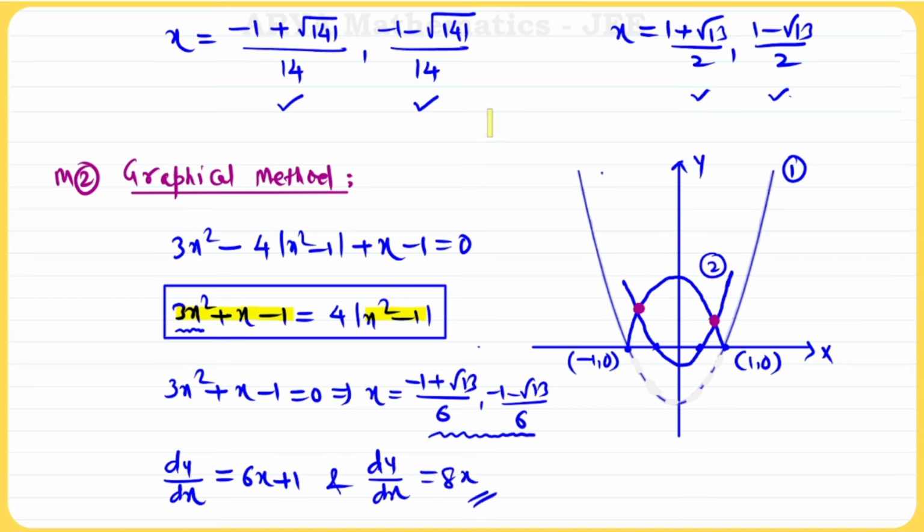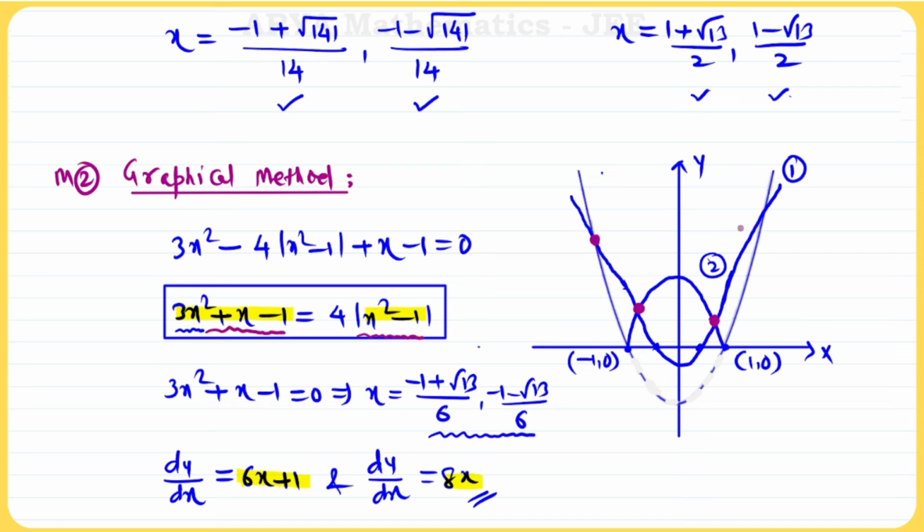When x is a large number, 8x will be much more than 6x + 1. That means the slope of the function on the right hand side is more when x is large compared to the function on the left hand side. Therefore graph 1 will be more vertical compared to graph 2, and hence these two will intersect in this region also. And similarly on the other side also these two must intersect.